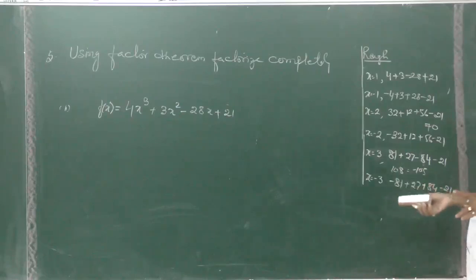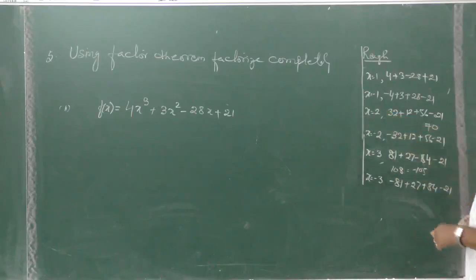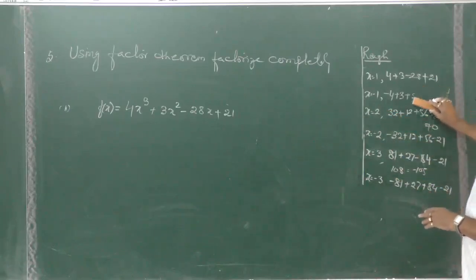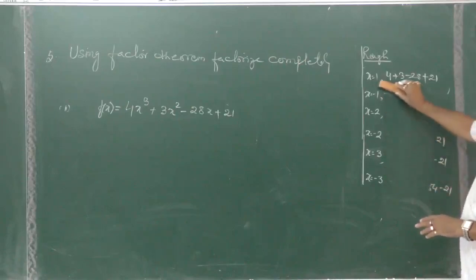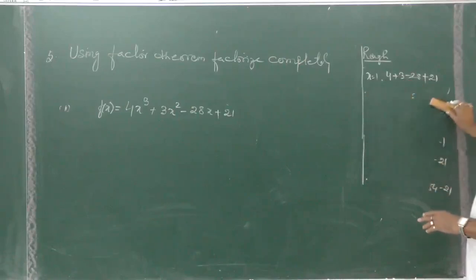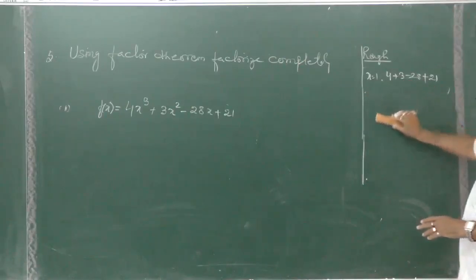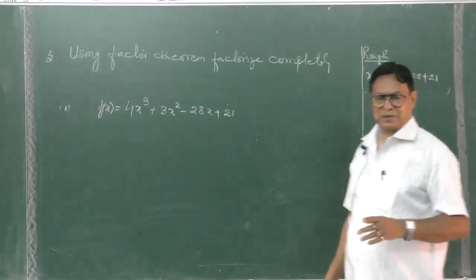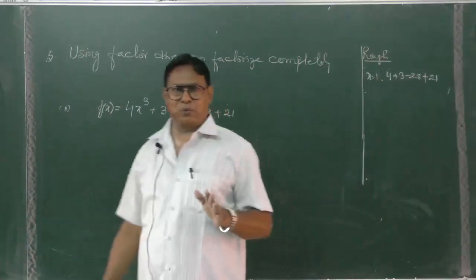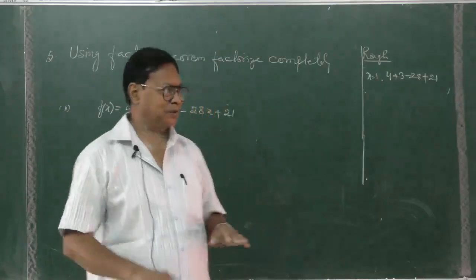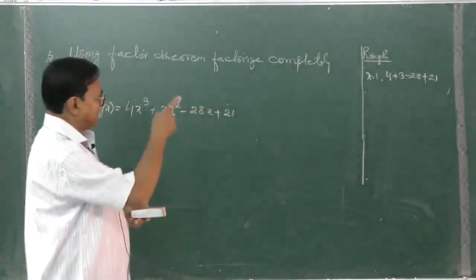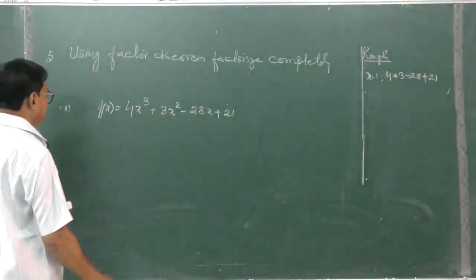I am doing it, I just changed the sum. What I want to convey is, you will try for x equal to 1, minus 1, 2, minus 2, 3, minus 3. It may go up to 4, but it will not go further because it takes a lot of time. So I changed the sum here.